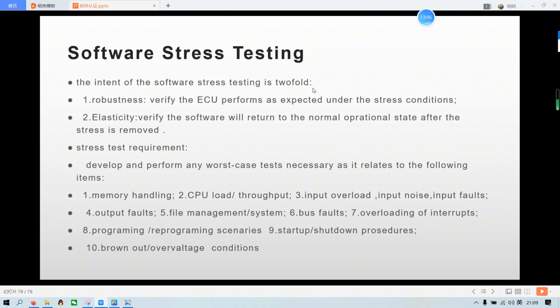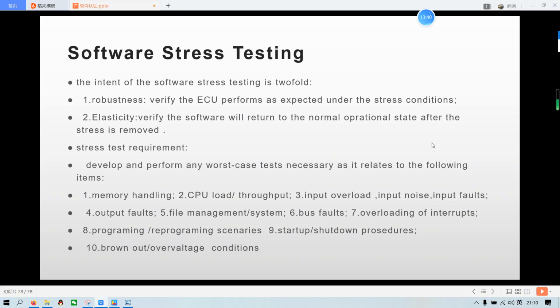Now we talk about the requirements for stress testing procedure. Supplier is responsible for developing software stress testing procedure based on the requirements presented in this section. A starting template is referenced in Appendix D. One, stress test requirements.